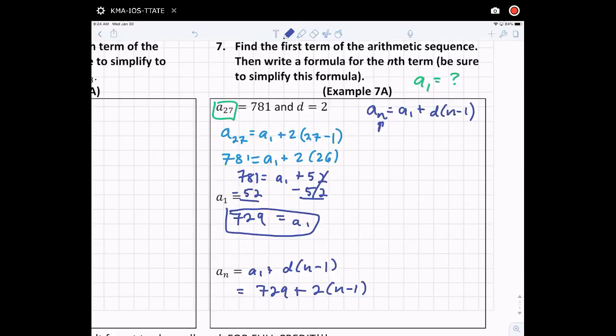Okay? I don't want you to stop there. I want you to keep going, because this can be simplified. 729 plus 2n minus 2. Everybody okay on the 2n minus 2? Okay? And then I can go a little bit further and put the 2n first as well, plus 727.